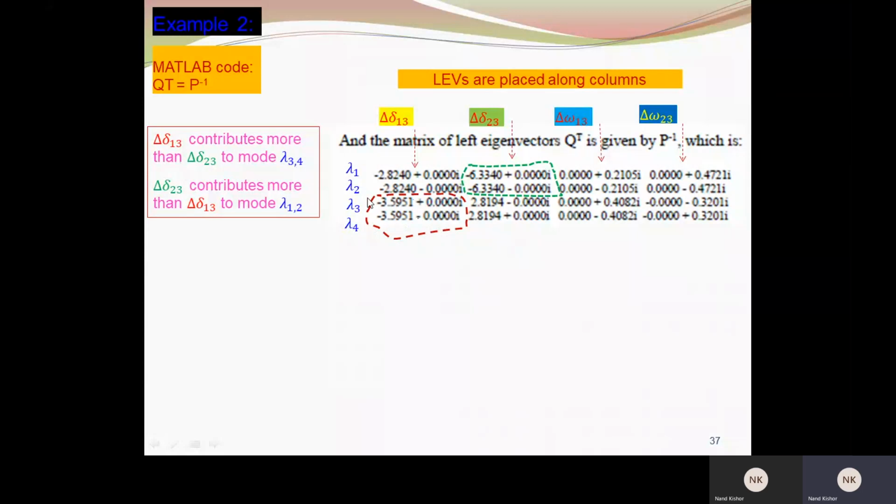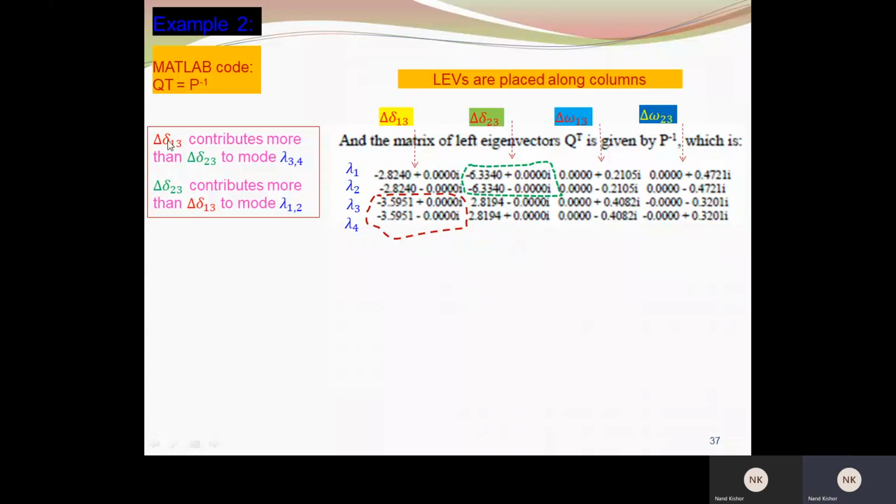So we find that for lambda 3 and lambda 4, the amplitude is much more for this state variable. However, if we refer to lambda 1 and lambda 2, we find that the imaginary terms are 0, and the amplitude, the real part, is much more for the state variable delta here.